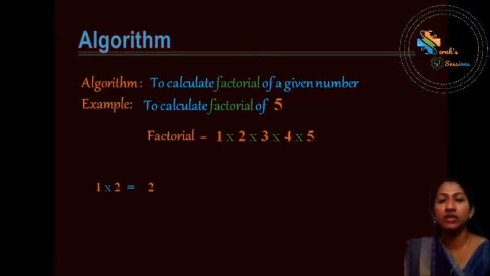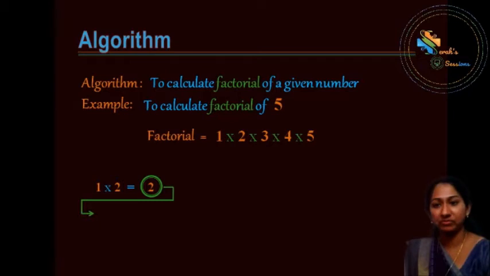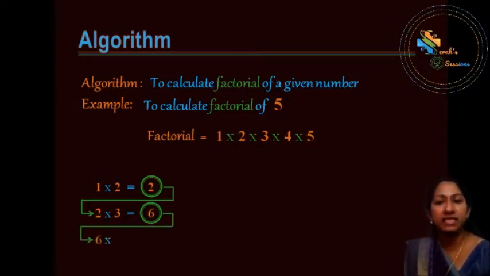We take the first two numbers, we multiply, we get the result 2, and this result is used as the input to the next step where we multiply 2 into 3. We get 6, right? This 6 is the result at this particular step. This 6 is used as the input to the next step where we write 6 into 4. We get 24. 24 is used as the input to the next step.